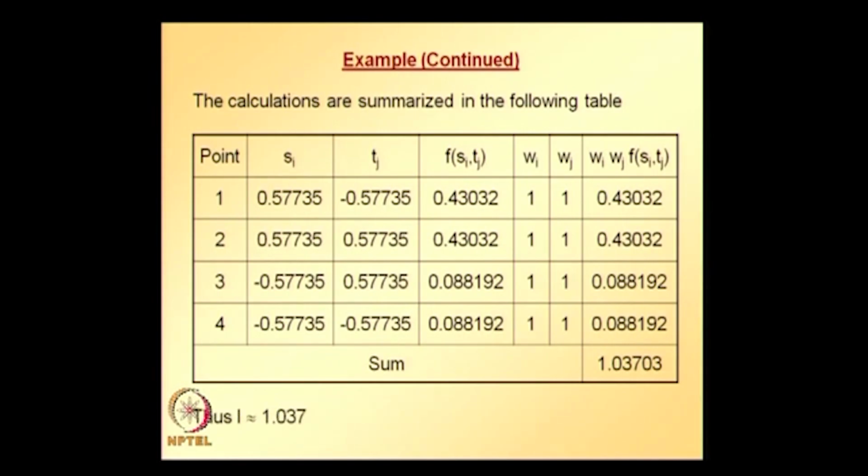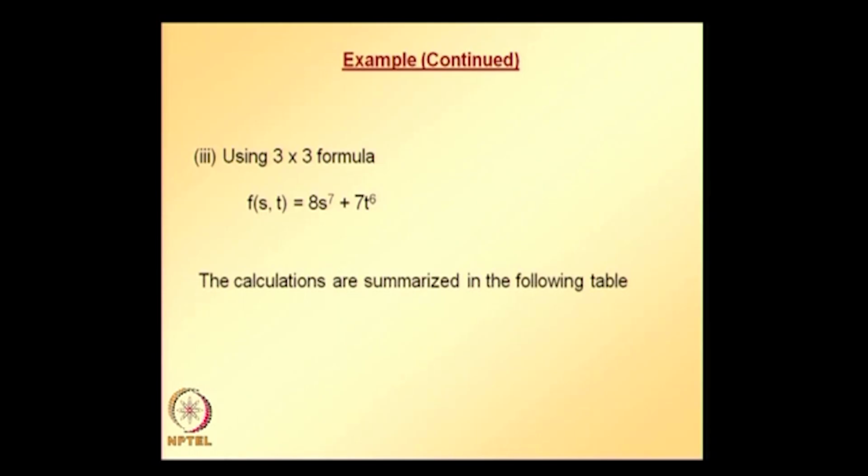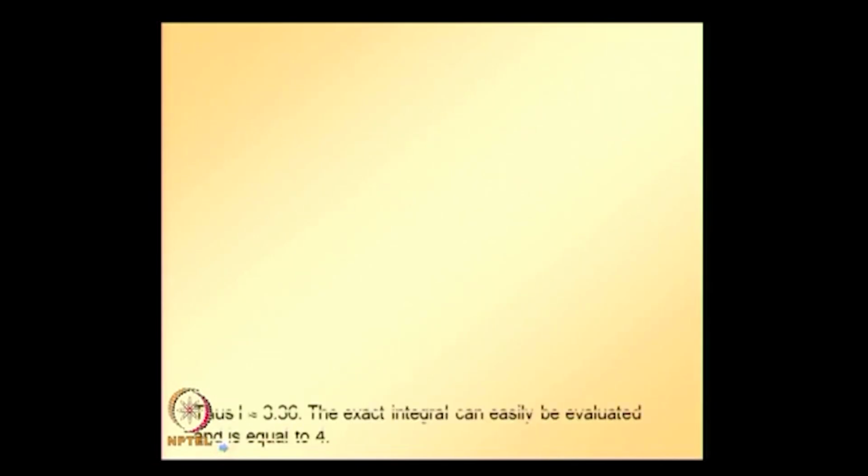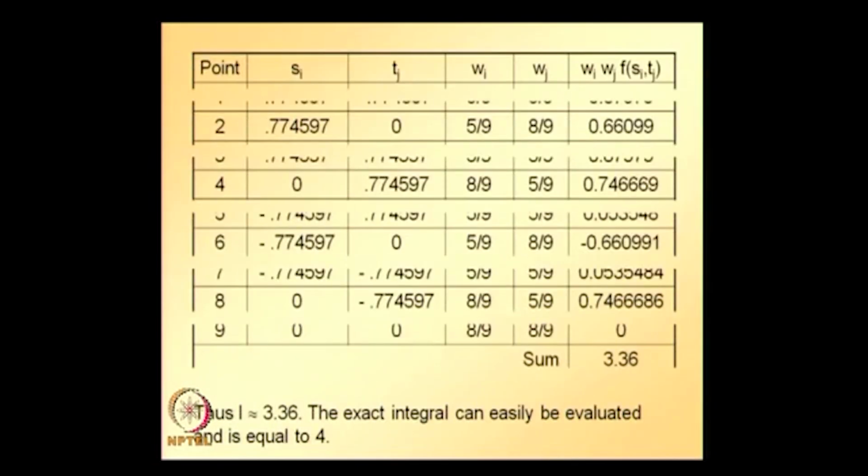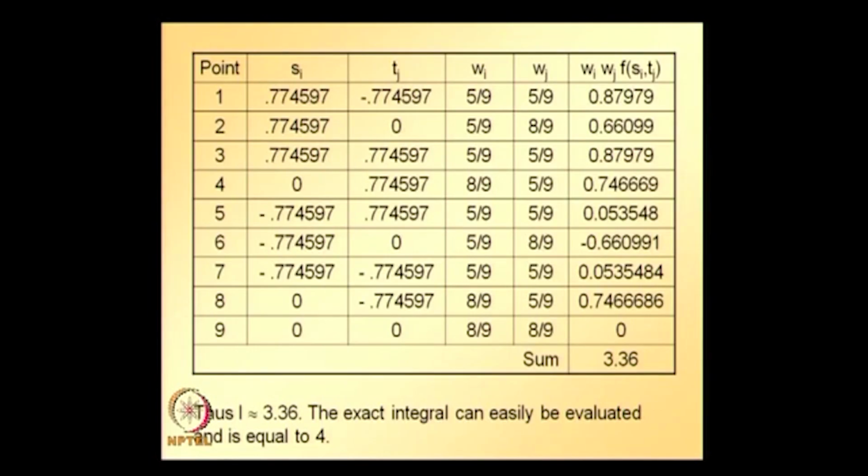Similar procedure can be extended if one wants to use higher order integration, that is 3 by 3 integration, and the calculations are summarized in the table. So 3 by 3 results in 9 integration points total.